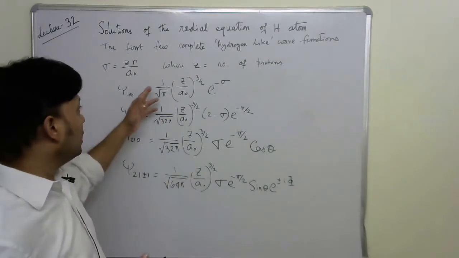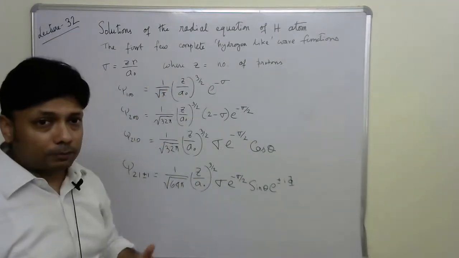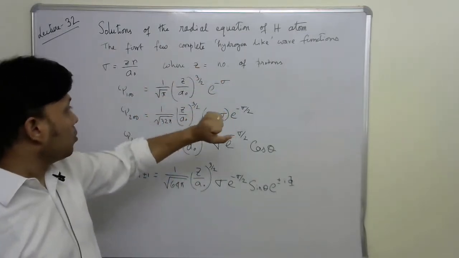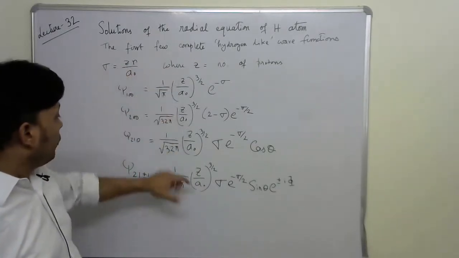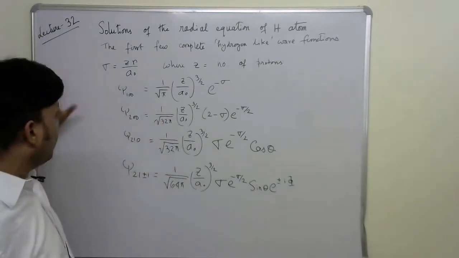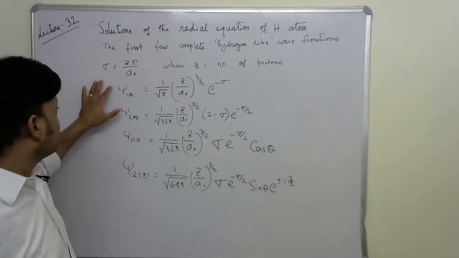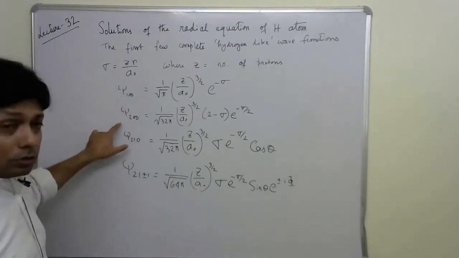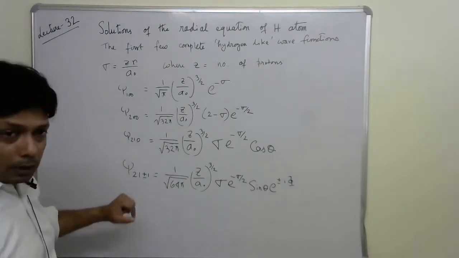For example, for helium Z should be 2, and for lithium Z should be 3. So Z is the number of protons, meaning the nuclear charge. Apart from this Z value, everything else remains the same and can be derived from the standard table. So this is psi 100, psi 200, psi 210, and psi 21 plus or minus 1.